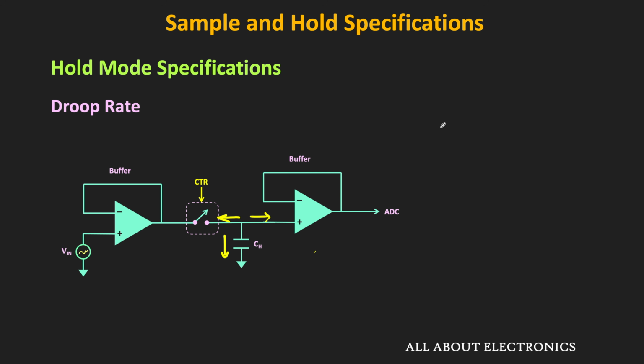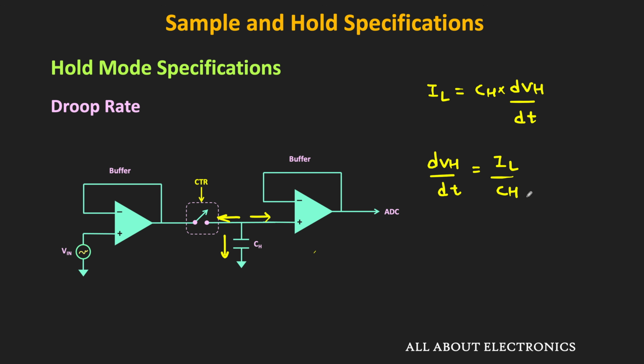But let's say the overall leakage current is equal to IL. So this current can be given as CH times dVH divided by dt, where CH is the capacitance of this hold capacitor and VH is the voltage across the hold capacitor. So this droop rate, dVH divided by dt, is equal to IL divided by CH.